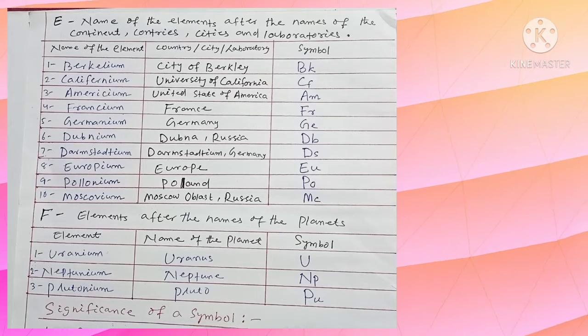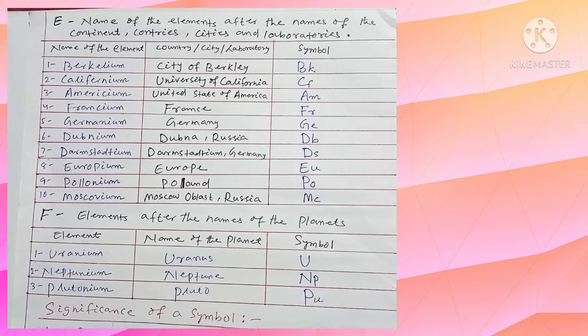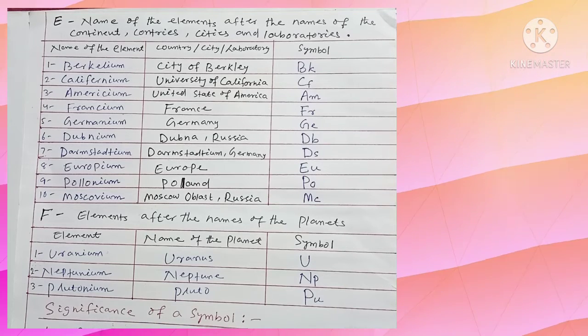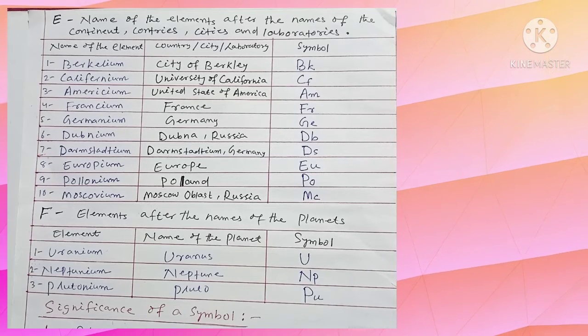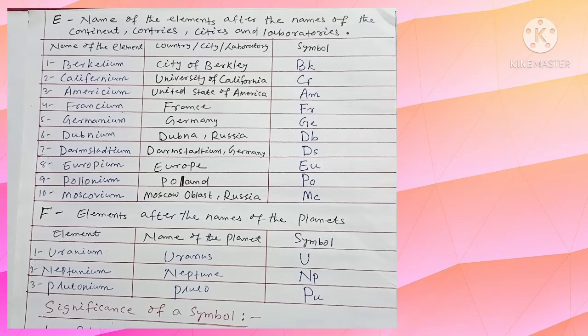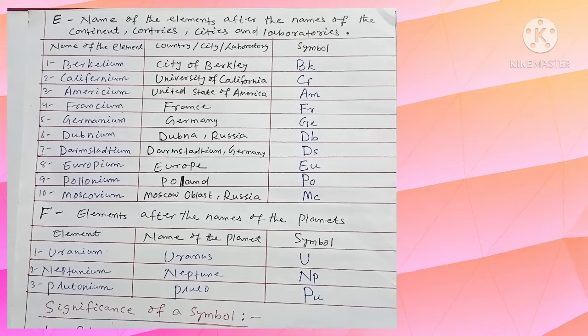For example, here Berkelium, city of Berkeley, California, University of California; Americium, United States of America; Francium, France; Germanium, Germany. In this way it has been given, and the symbols are Berkelium Bk, Californium Cf, Americium Am. Moscovium, Moscow, is Mc.